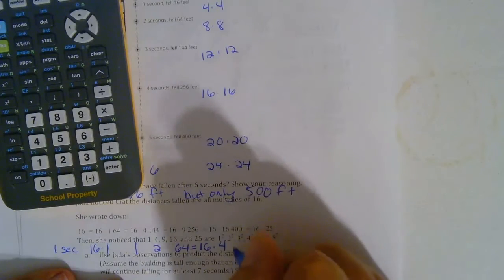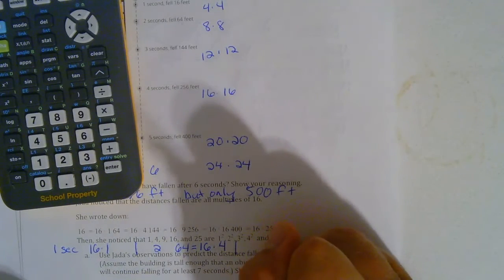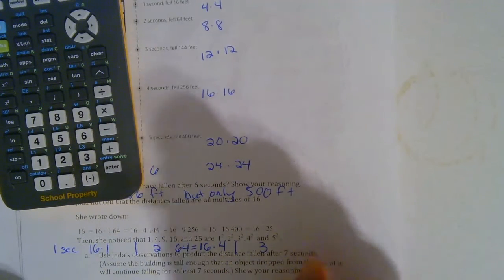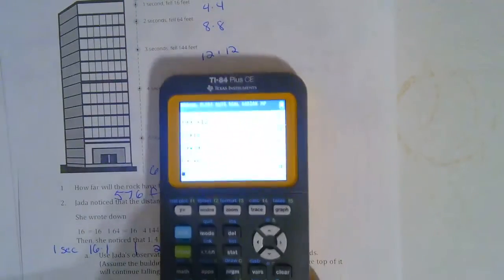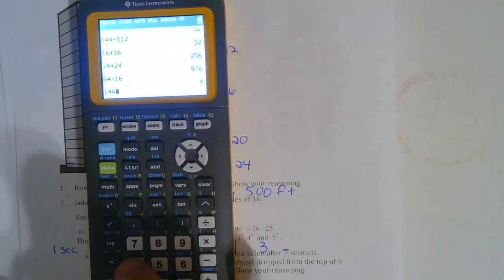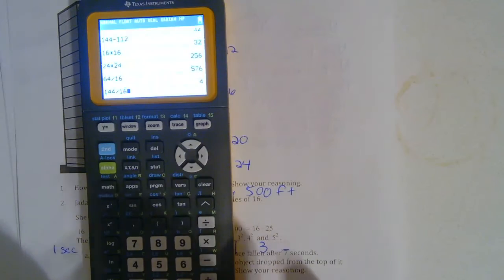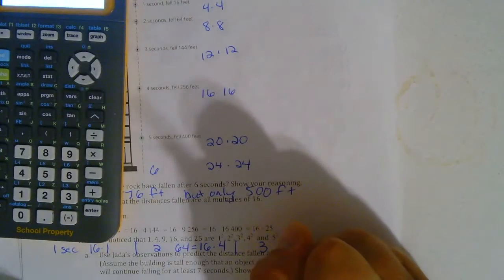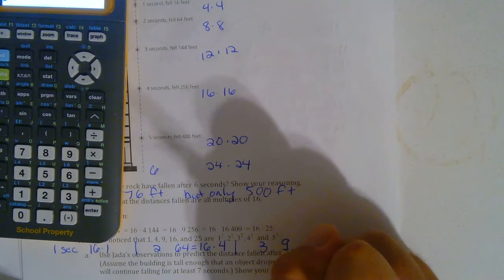And for 3 seconds, if I take my 144 and divide it by 16, we get 9, or 16 times 9.